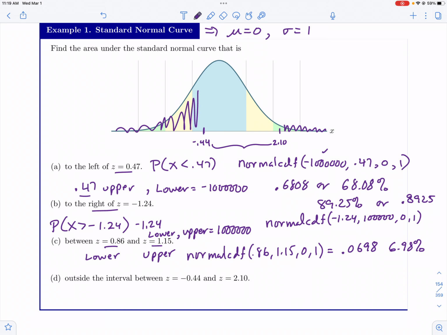So I'm going to set it up as a 1 minus. So I'm going to do 1 minus normal CDF. And so my lower bound is going to be the negative 0.44. My upper bound is going to be the 2.10. And then again, I still have my 0 and 1 for my mean and standard deviation.